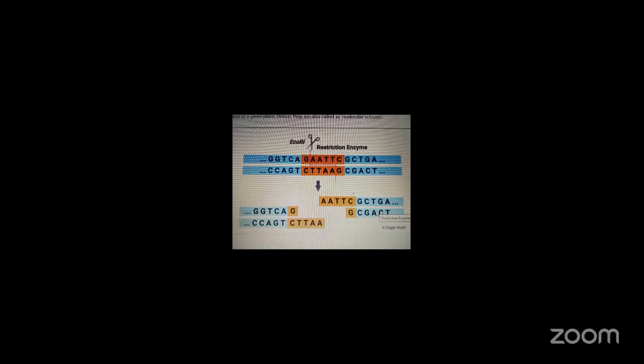They are an indispensable tool for recombinant DNA technology, which we call genetic engineering or molecular biology. Restriction endonuclease is very important in this DNA technology.